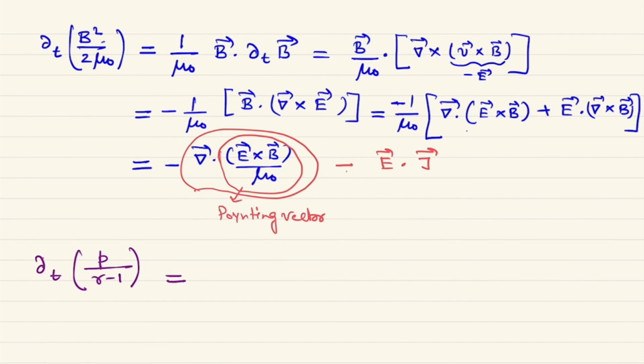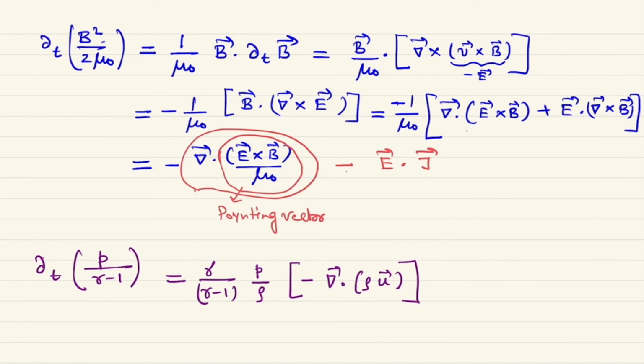For that the trick is I have to write γ times (γ−1), and then I have to write p by ρ times minus divergence of ρu. This is a very small and elegant homework which you can do.